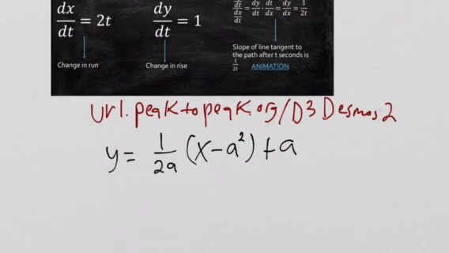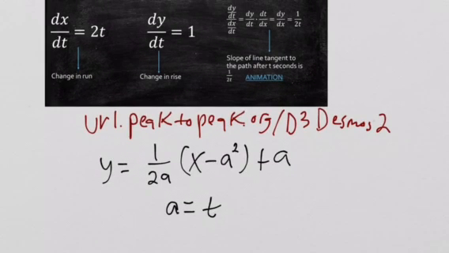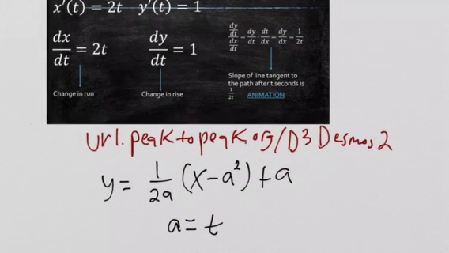So for our purposes, a is equal to t. Because in Desmos, we need to use some kind of letter besides t, since our curve is defined with t, for our slider. So I just let that be a. And so the slope of our curve is 1 over 2t, right? And our x value and our y value are determined by t.